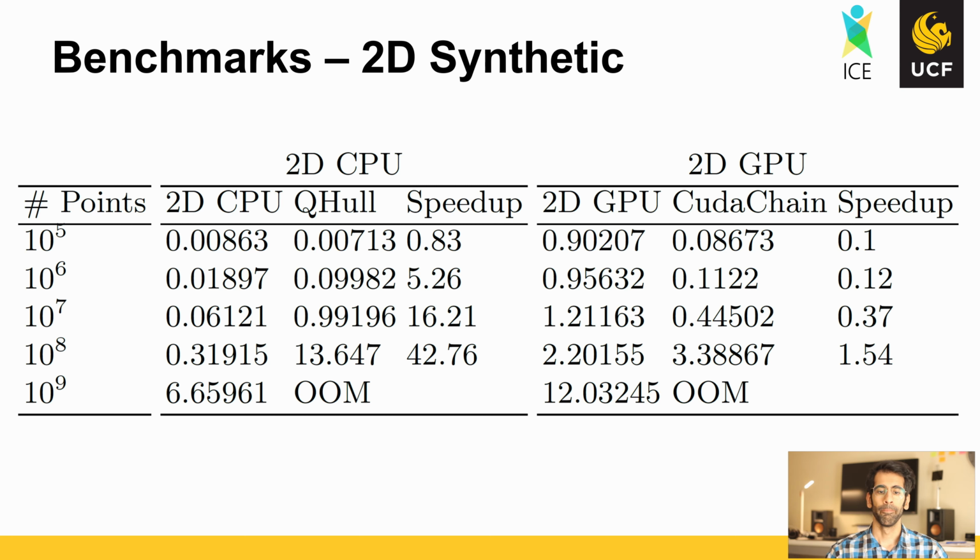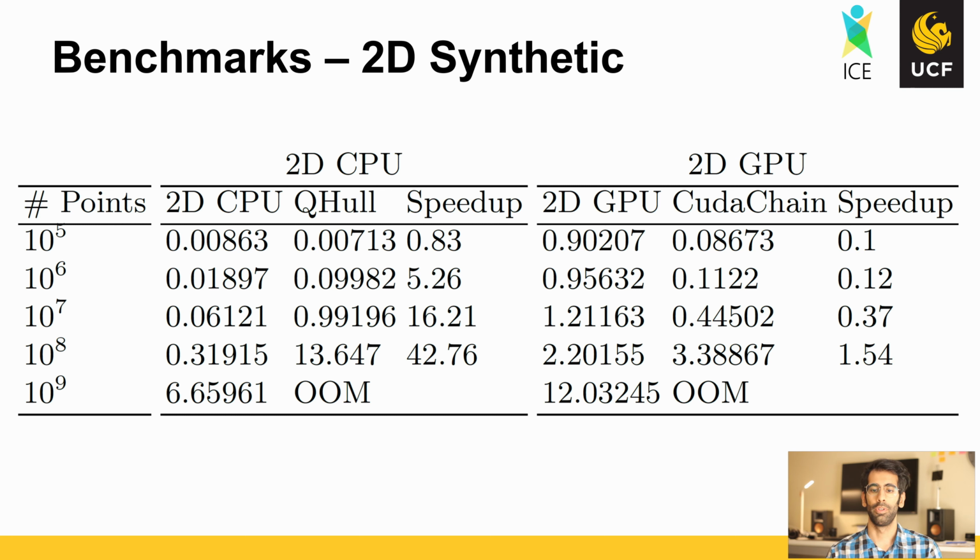As you can see, the performance of ConcurrentHull is slower than QHull and CUDA chain for smaller datasets. But for a larger number of points, ConcurrentHull starts to get faster. So for example, for 100 million points, ConcurrentHull is on average about 42 times faster than QHull.